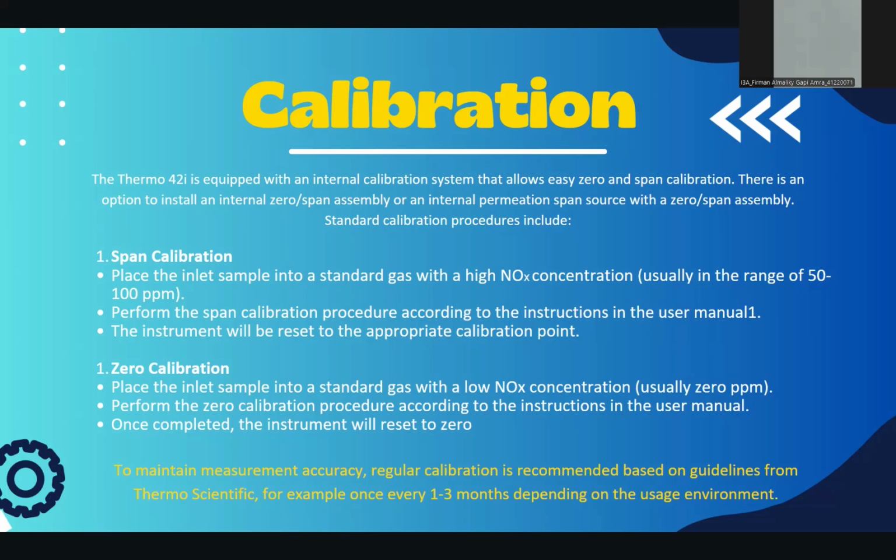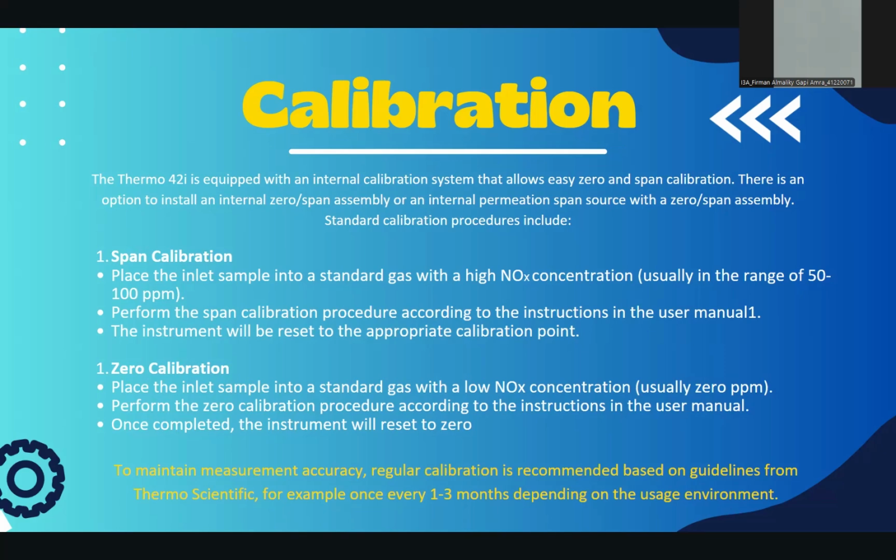Standard calibration procedures include the first one, span calibration. Place the inlet sample into a standard gas with high NO concentration. Perform the span calibration procedure according to the instruction. And the instrument will be reset to the appropriate calibration point.